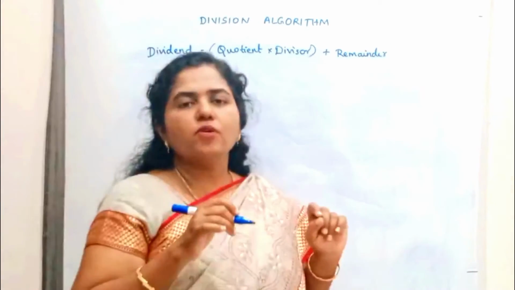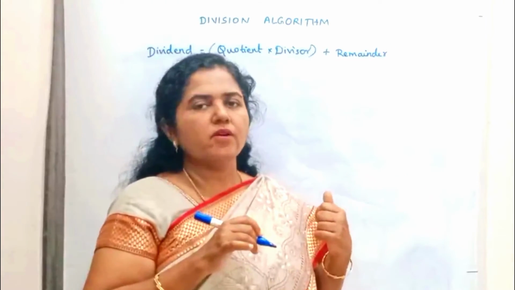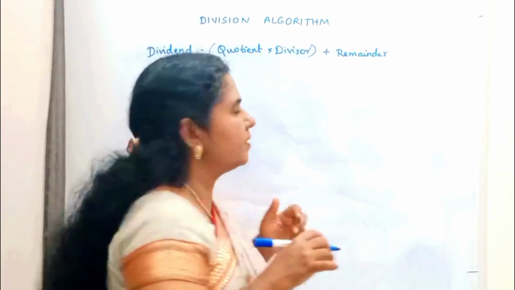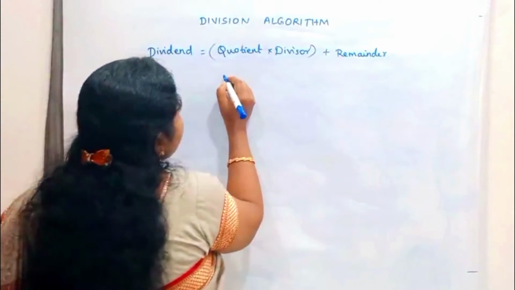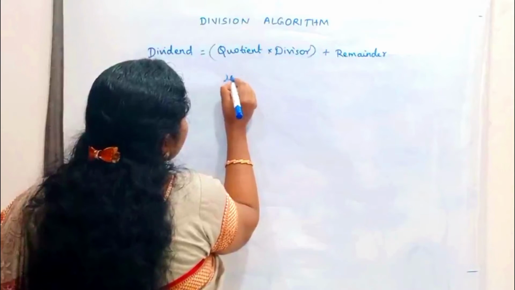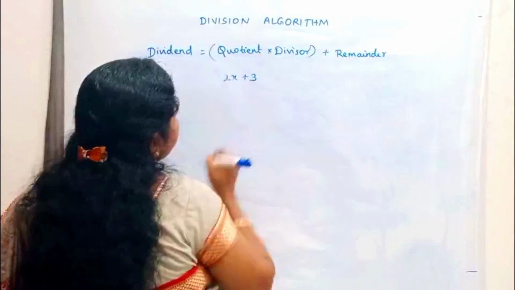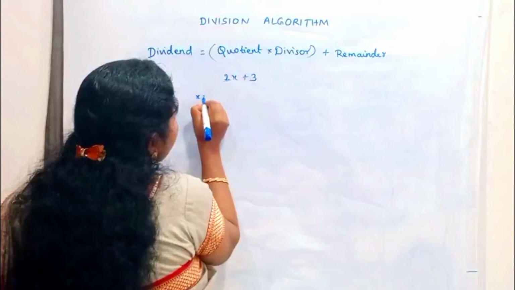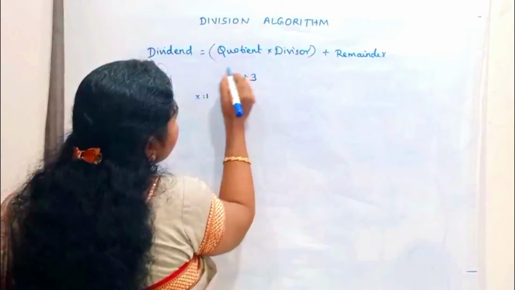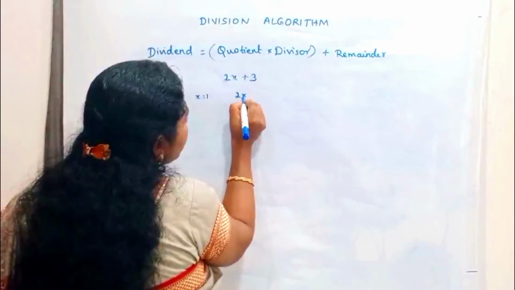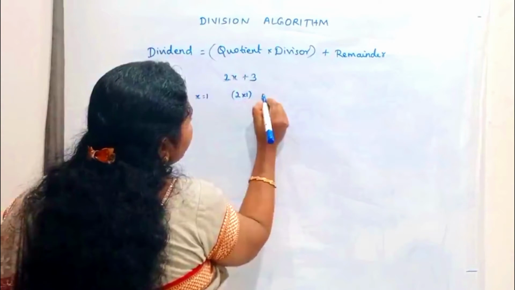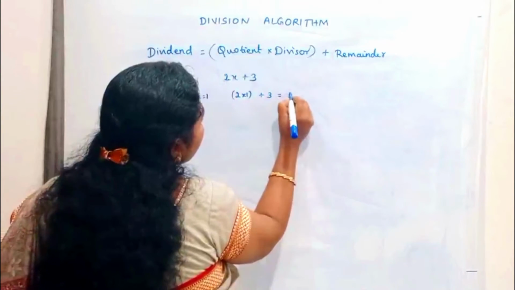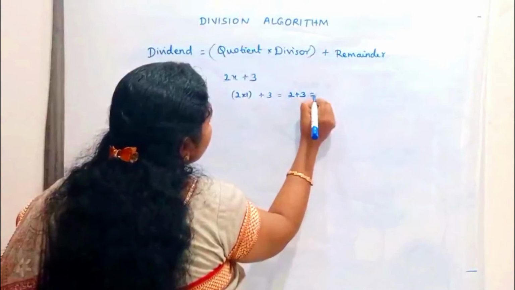Now before going into the topic division algorithm, we have to know this. Let us consider an expression, say 2x plus 3. So here, when the value of x is 1, the expression becomes 2 into 1 plus 3, so it is equal to 2 plus 3, which is equal to 5.